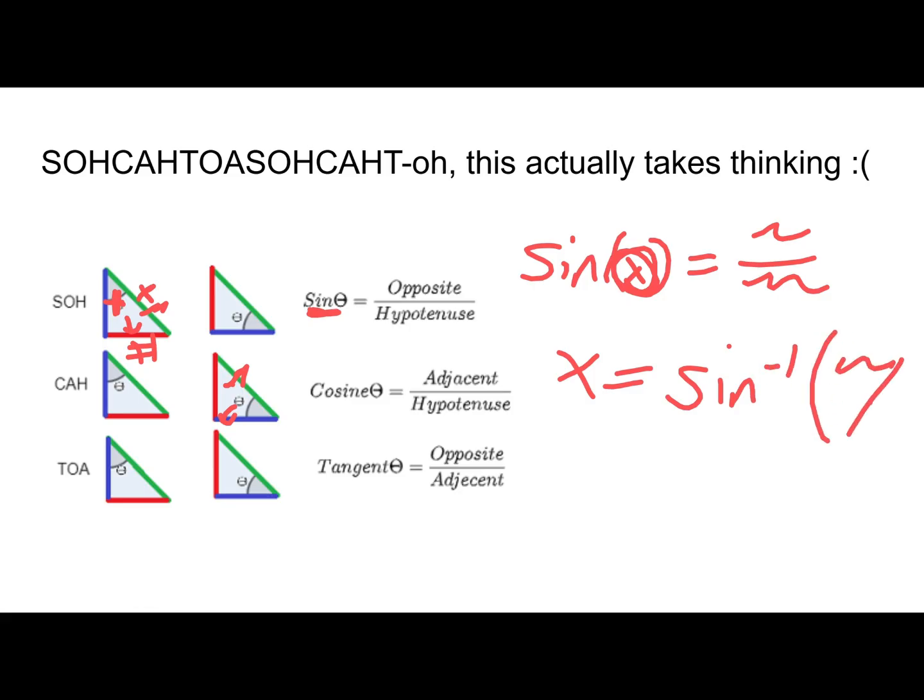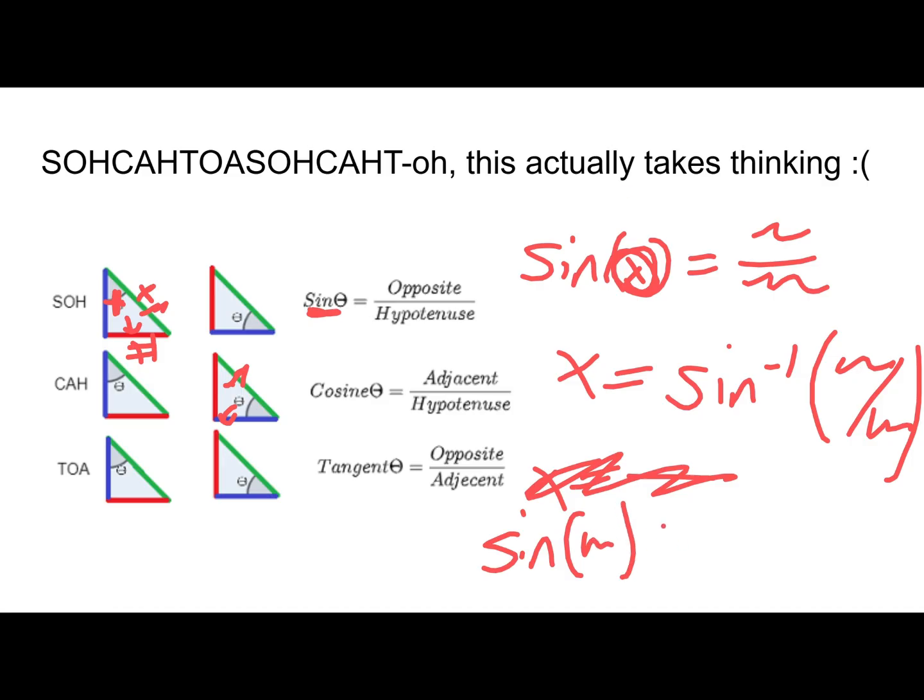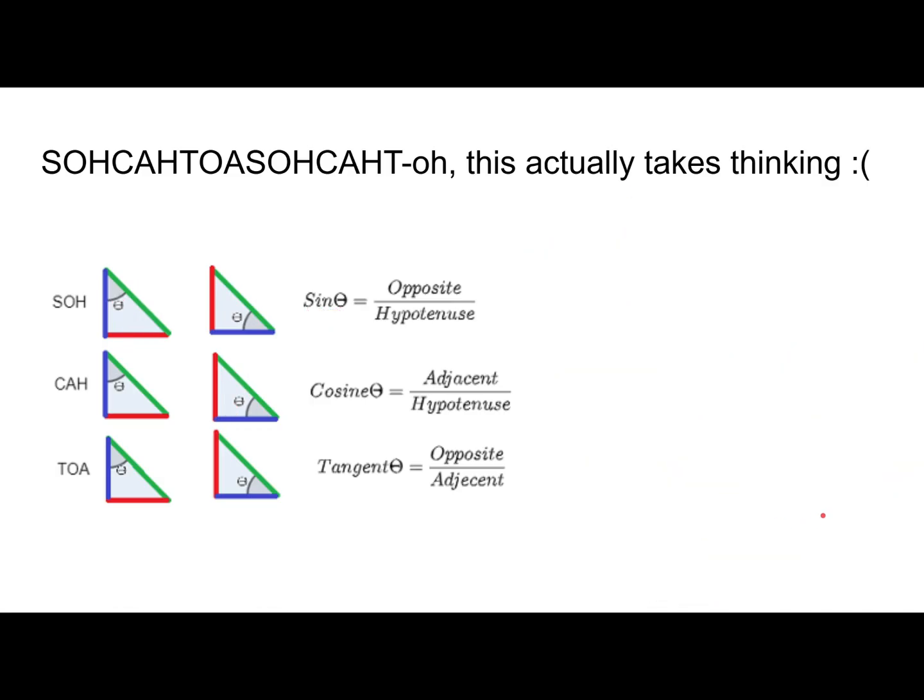And then if you have sine of a number and it equals x over this, then you just multiply by that. That's just basic multiplication rules. If you have sine of a number and it looks like this, then you just switch the x and the trig function.